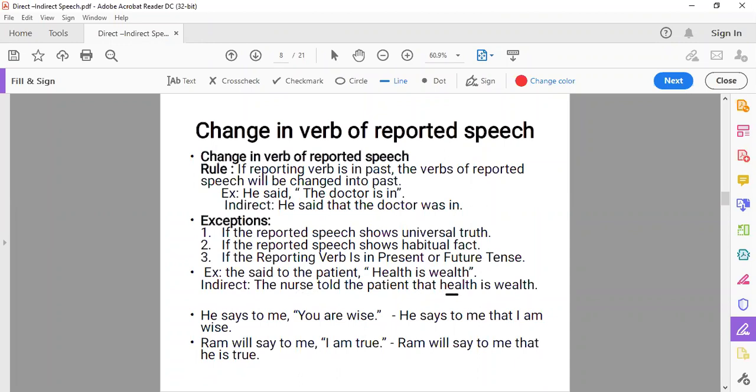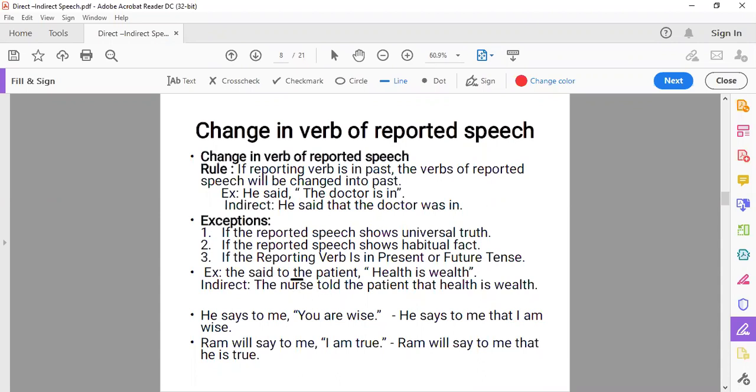Please note down one more change while changing direct into indirect form. When we are given said to in the reporting verb, this will change into told. We'll remove to and said will be changed into told if we are given the object. See, in the sentence, the patient, the object, is given to us. So we'll change said into told.